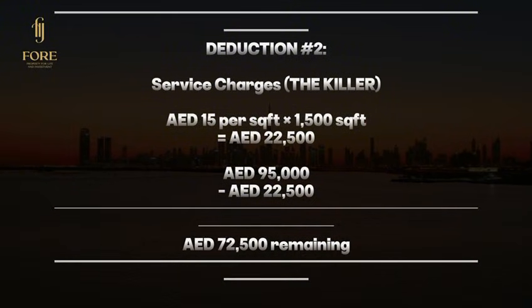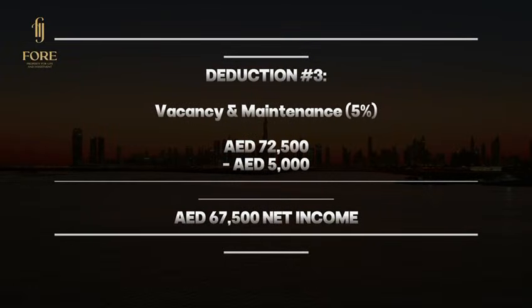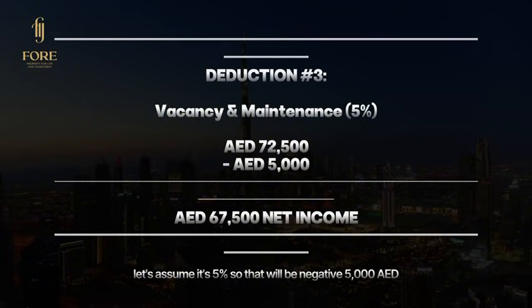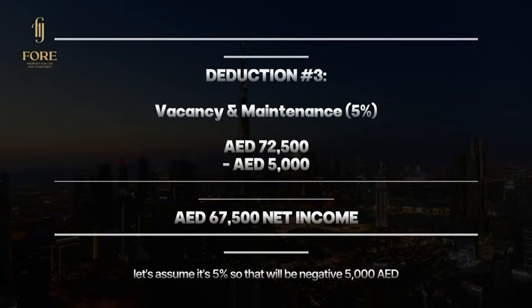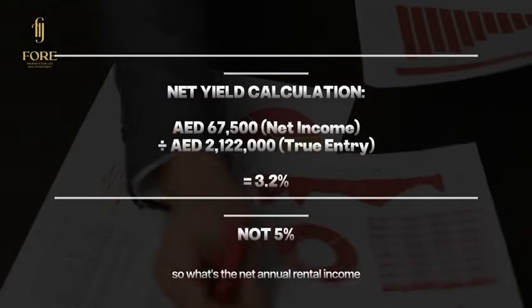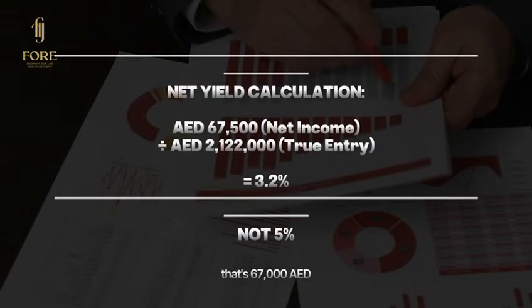This is going to be AED 22,500, plus vacancy and maintenance buffer. Let's assume it's 5%. So that will be negative 5,000 AED. So what's the net annual rental income? That's 67,000 AED.